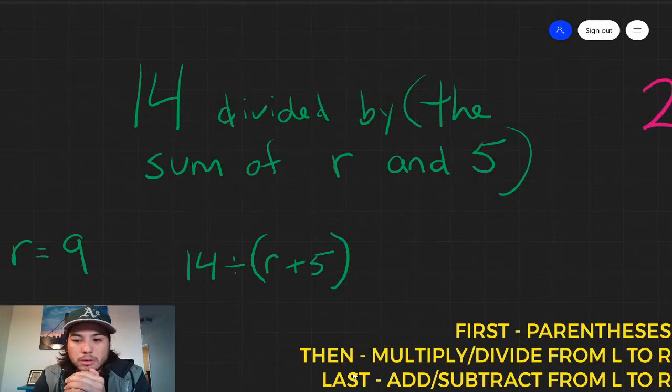Okay, now substitute a 9 for the r, and then simplify. And then what do you come up with?